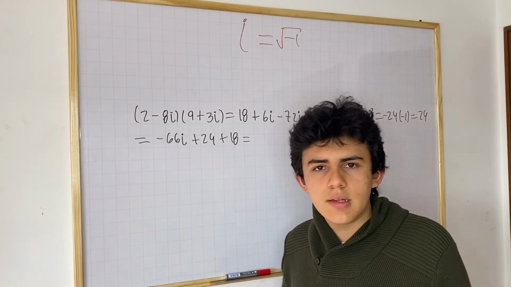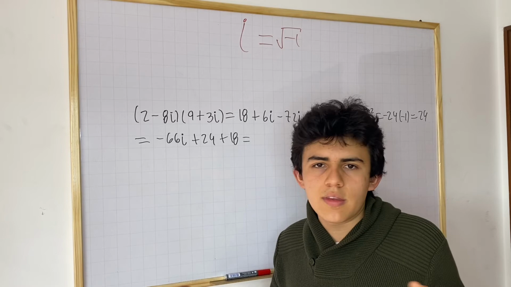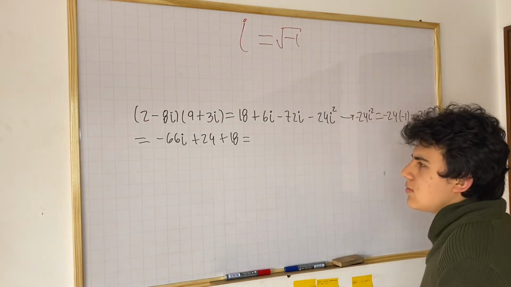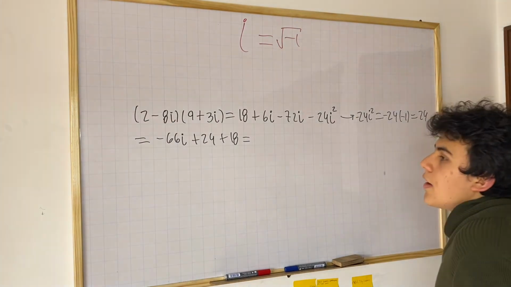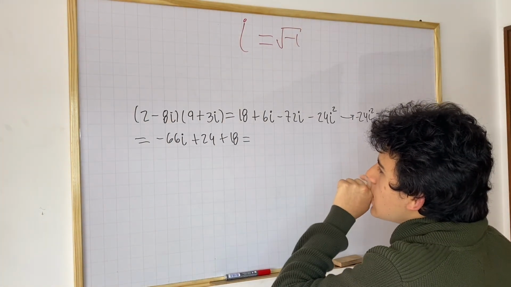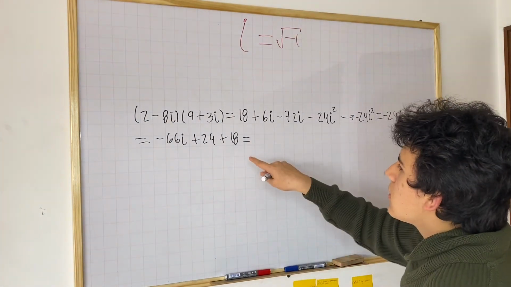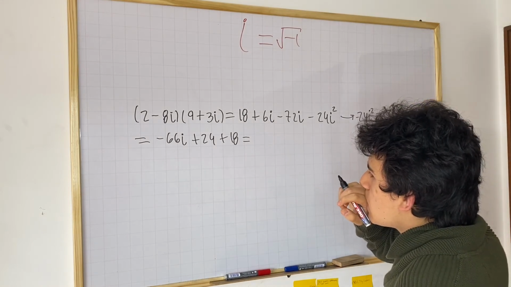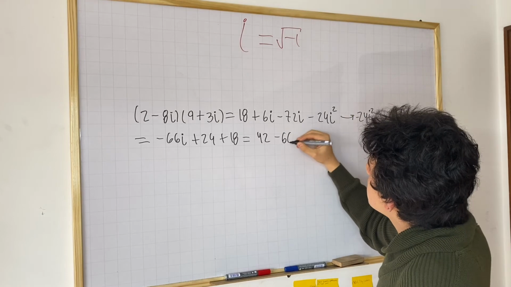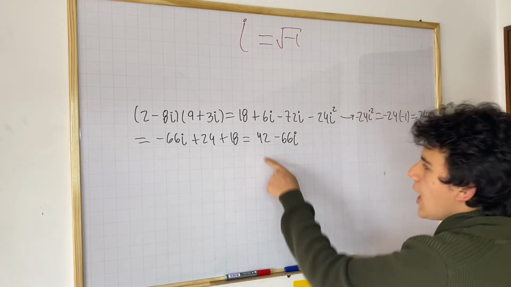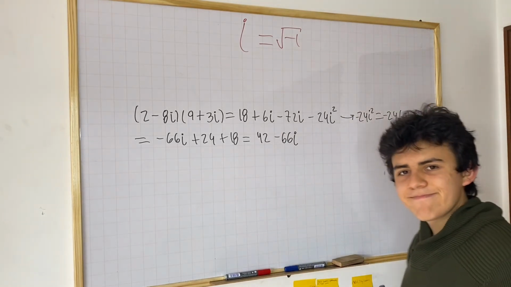But mathematically, the order doesn't matter. They will be the same thing. It doesn't matter how you place the terms. So this would give us 42 minus 66i, and this is our answer.